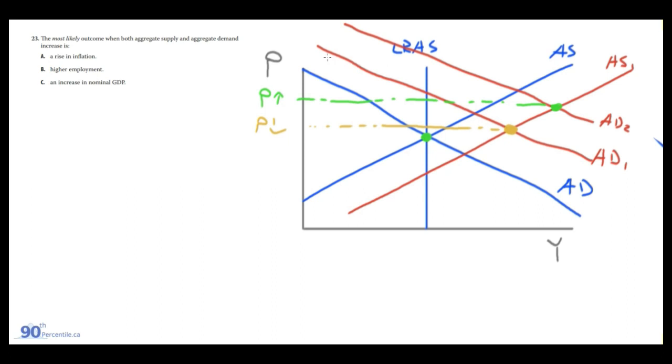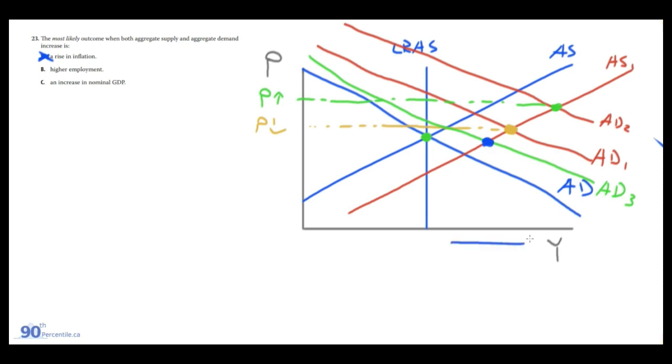So aggregate demand 3, and then at this point we're actually at the same price level that we were at previously, right? So we don't really know what this does to the price level, so we can't really know what it does to inflation.